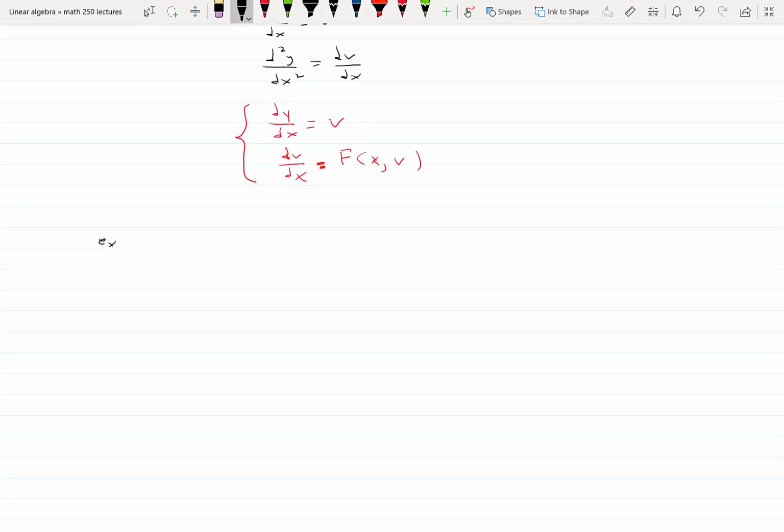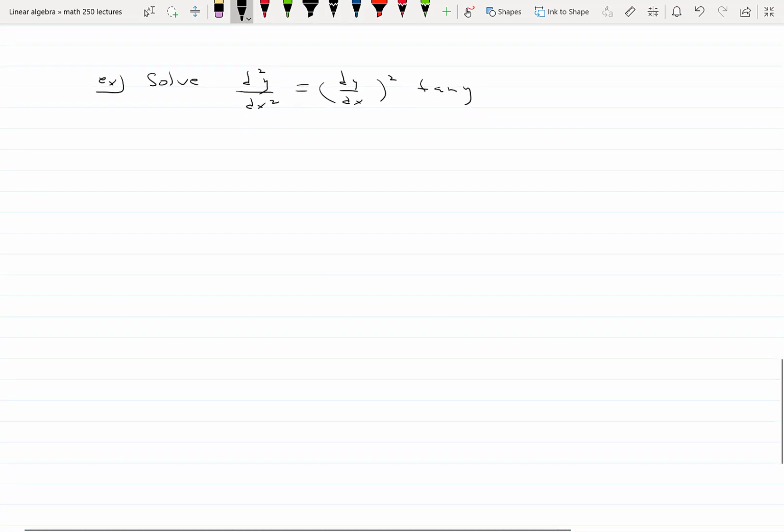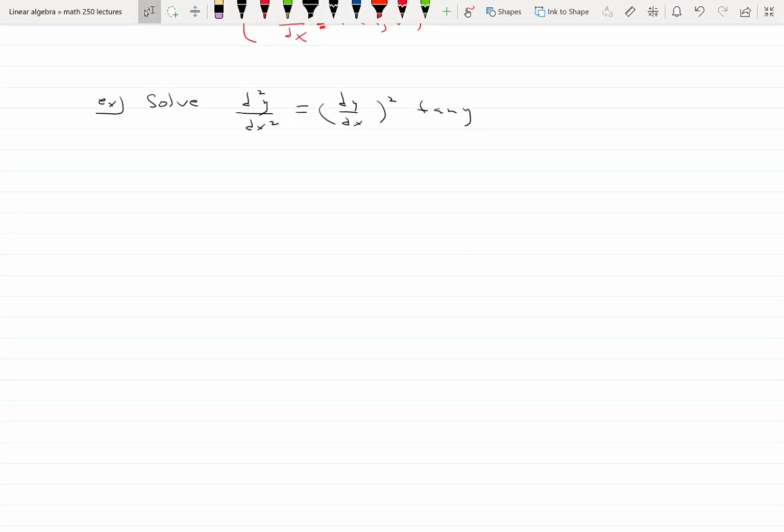So for example, solve, let's say, d squared y over dx squared equals dy dx quantity squared times tangent of y. Okay, so let's see what happens if we do that same substitution. Let dy dx equal v.